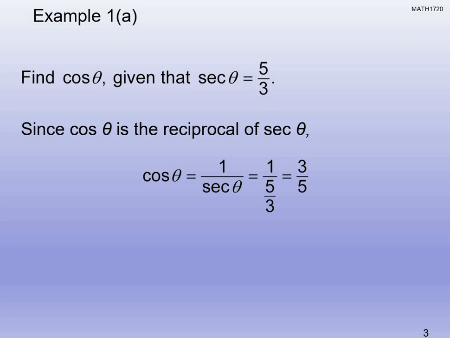But when we divide fractions, we end up multiplying by the reciprocal. Alright, so in this scenario, we multiply the numerator and the denominator by 3/5. So you end up with 3/5. Now in your head, you're like, hey, they're inverses. I could have looked at the problem and said, alright, 5/3 has to become 3/5, and then it's in terms of cosine.